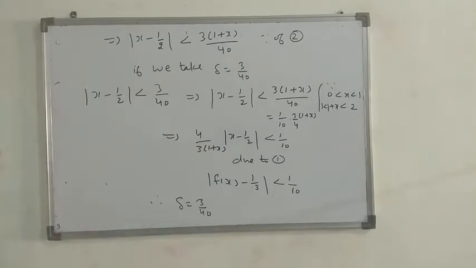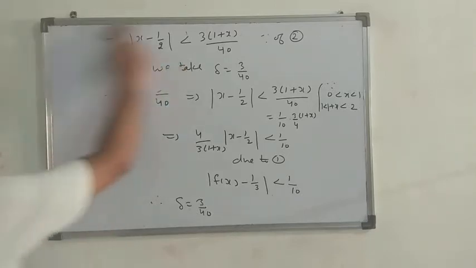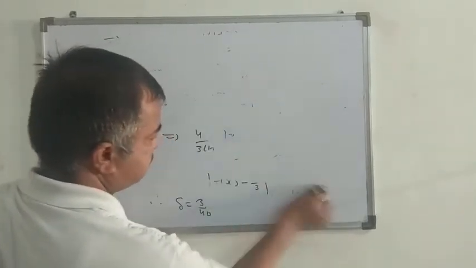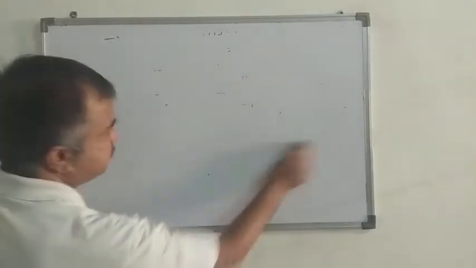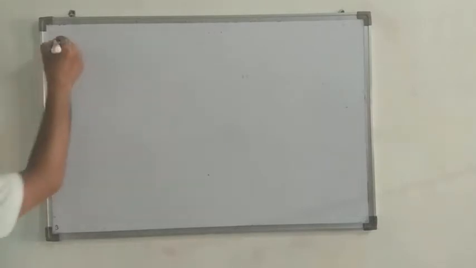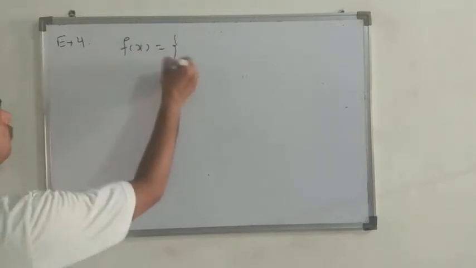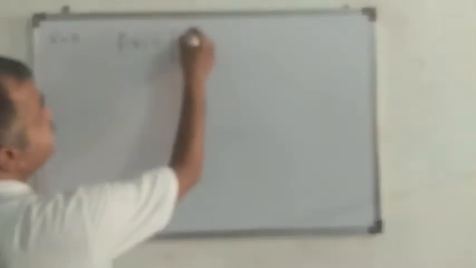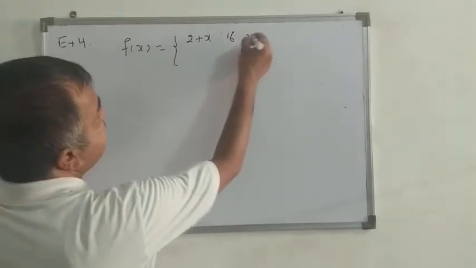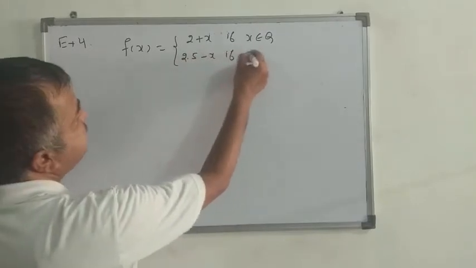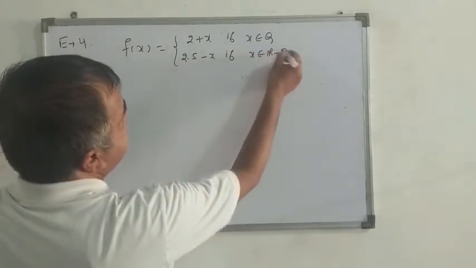Next example. f(x) equals 2 + x if x is a rational number, and 2.5 − x if x is an irrational number.